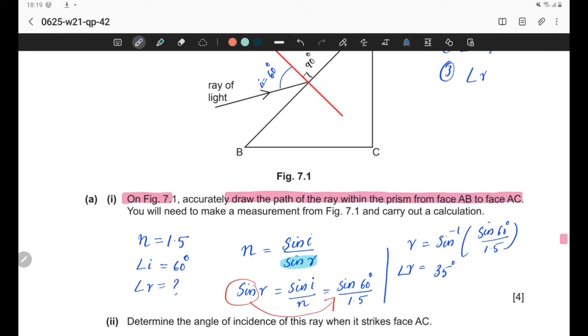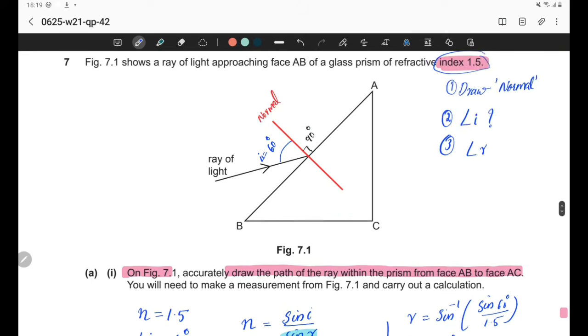Now we can draw the ray, which must be refracting at an angle of 35 degrees, as we have already calculated. Again we need to take a protractor. Then from the normal we should measure 35 degrees using the protractor.